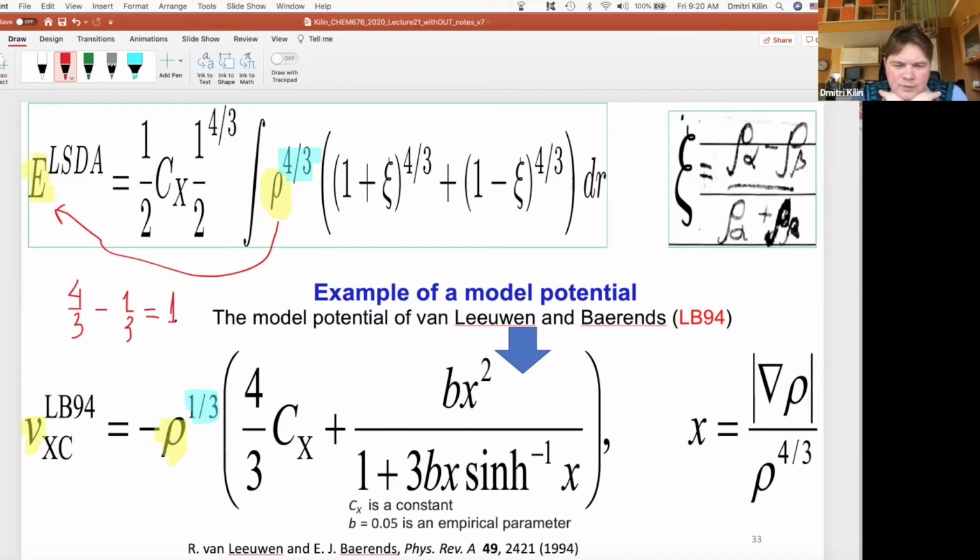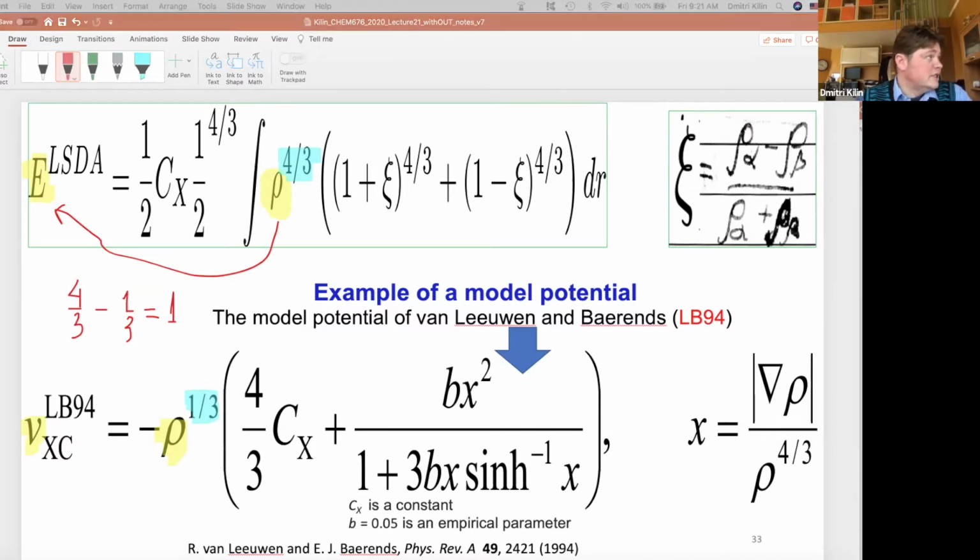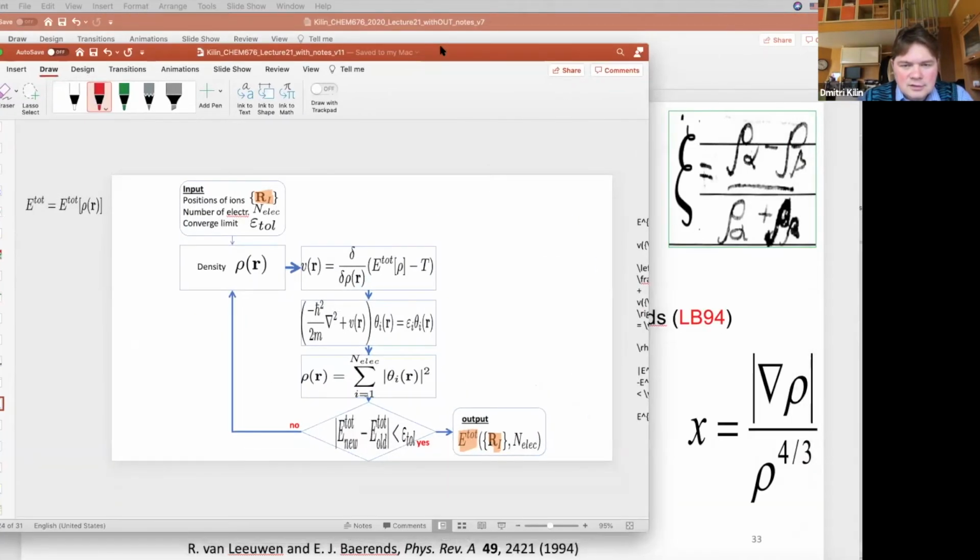Okay. And what is the connection between total energy and potential? How do we obtain the potential out of density? Let me bring in the part that we covered together last time.